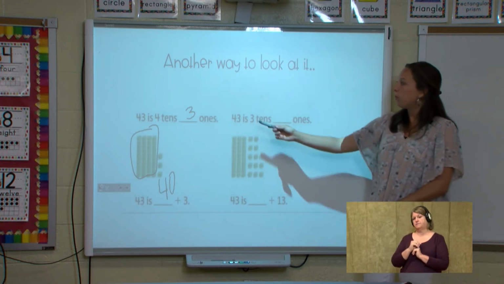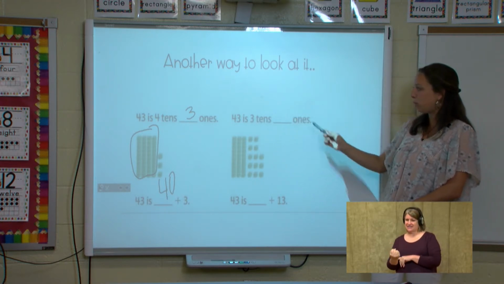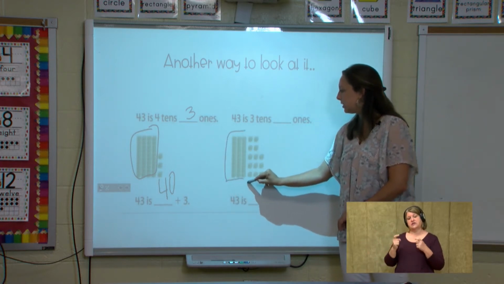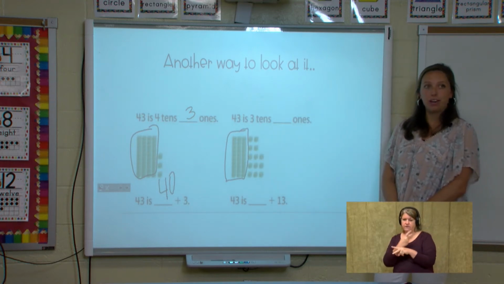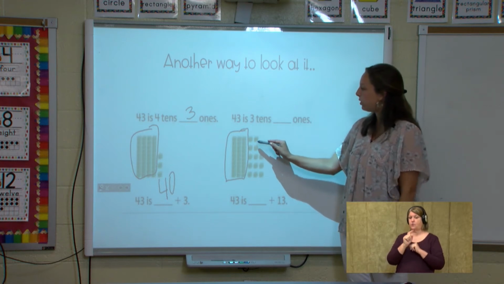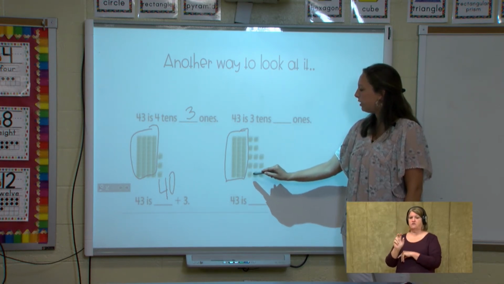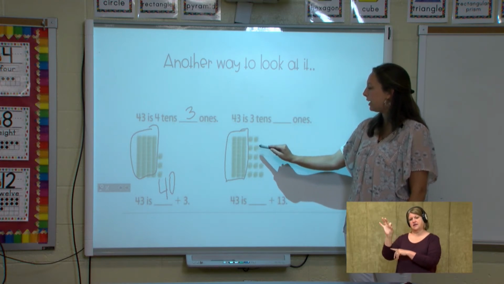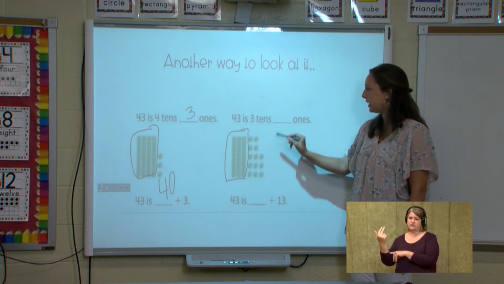Okay, 43 is 3 tens and blank ones. So they gave us our 3 tens. And we need to figure out how many ones we have. You can count starting with 1 because a cube equals 1. 1, 2, 3, 4, 5, 6, 7, 8, 9, 10, 11, 12, 13.